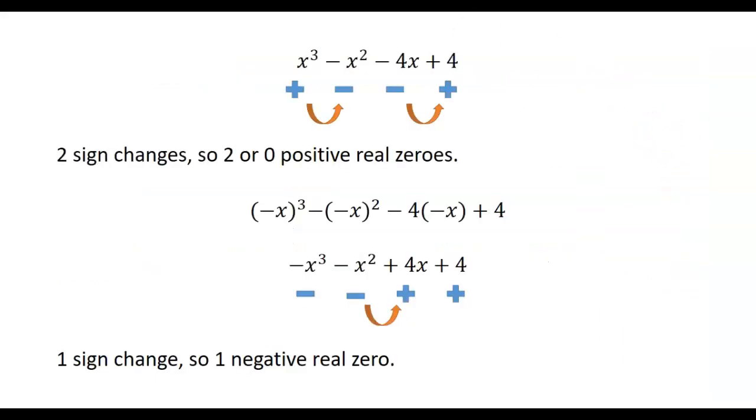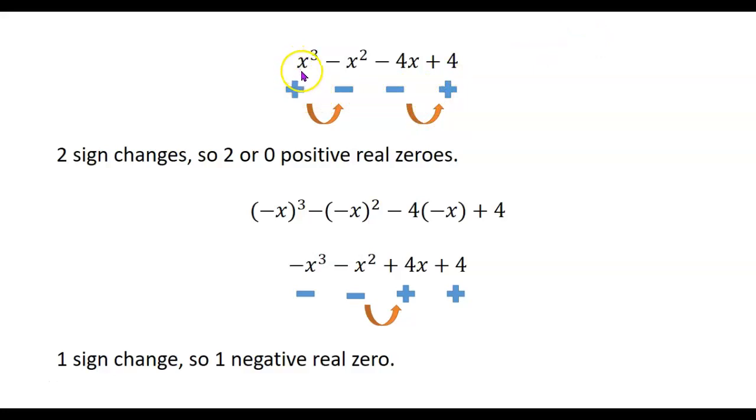So the example we were just looking at, the polynomial was x to the third minus x squared minus 4x plus 4. So those coefficients were positive, and then negative, and then negative, and then positive. So going from positive to negative counts as a sign change. Negative to negative, no sign change there, but negative to positive, that's another sign change.